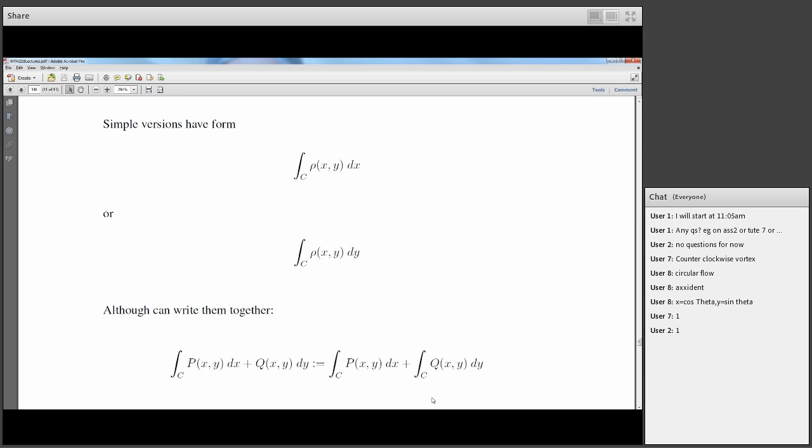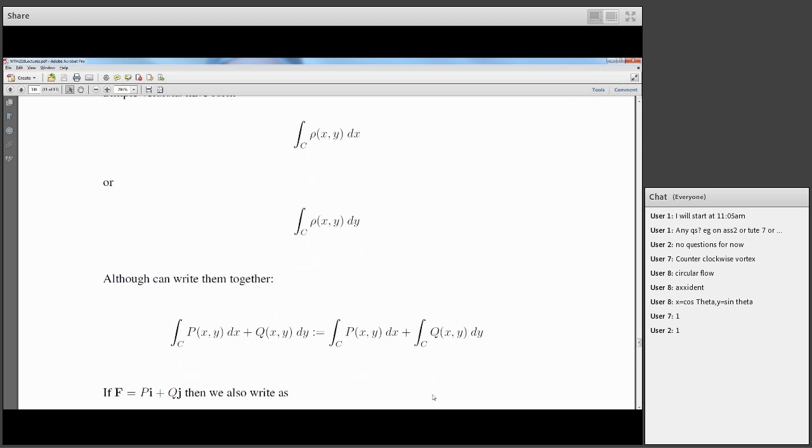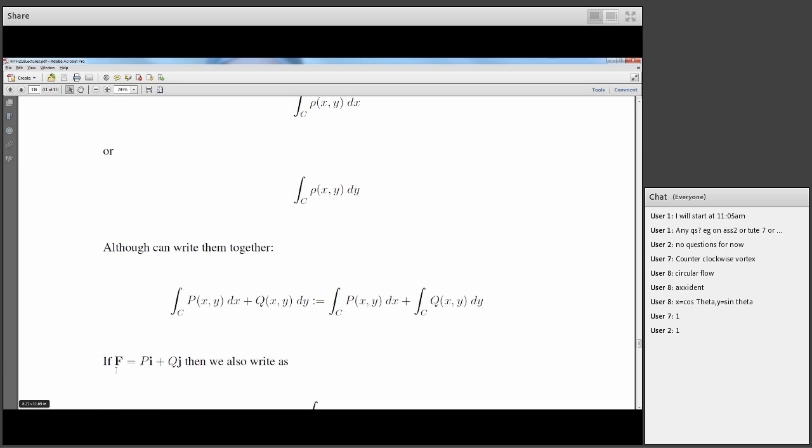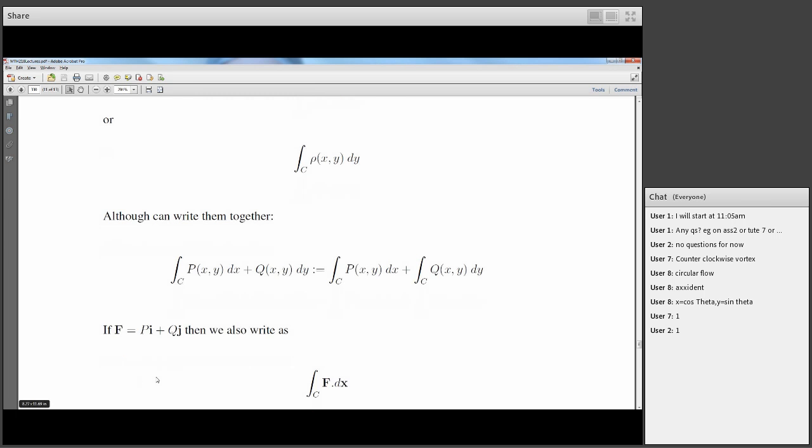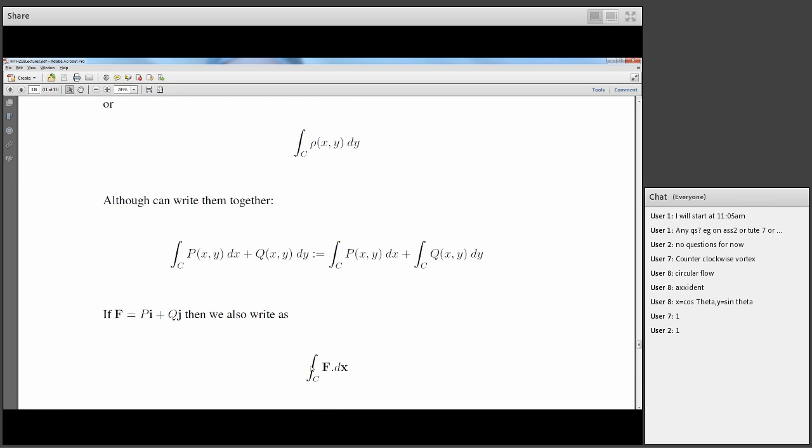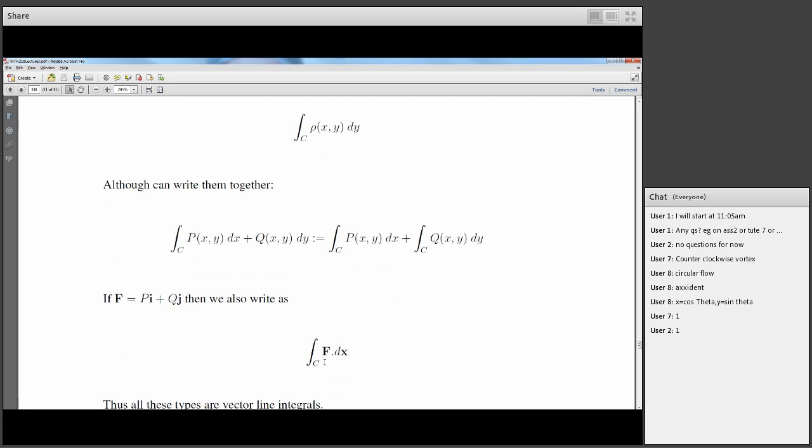And you're thinking, why vector line integrals? If you write capital F as a vector field with components P and Q, then for short I would write this as the integral of the vector field dotted with dx.